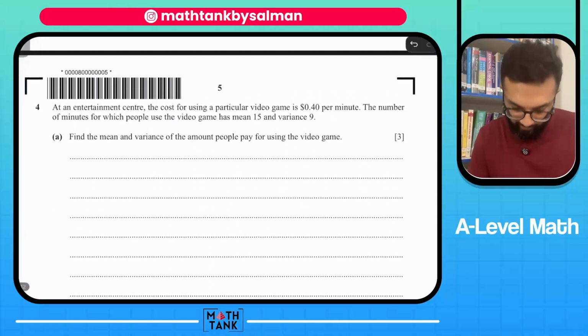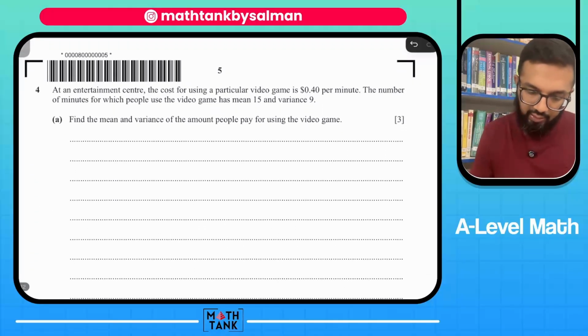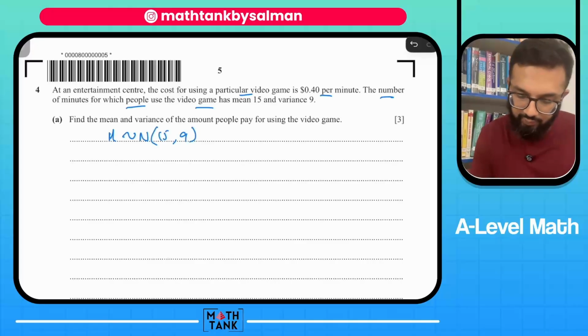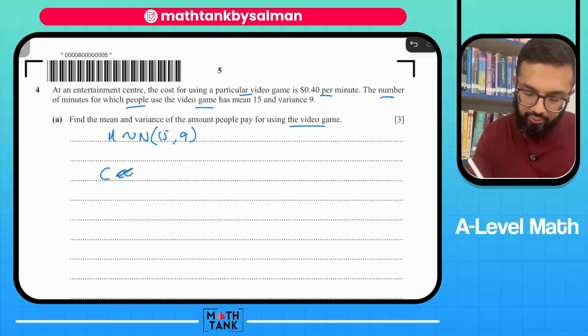Okay, moving on to question number 4 quickly. It says at an entertainment center, the cost of using a particular video game is 0.4. The number of minutes which people use the video game has mean 15 and variance 9. Find the mean and variance of the amount people pay for using the video game. So cost will have a mean of 0.4 into 15.